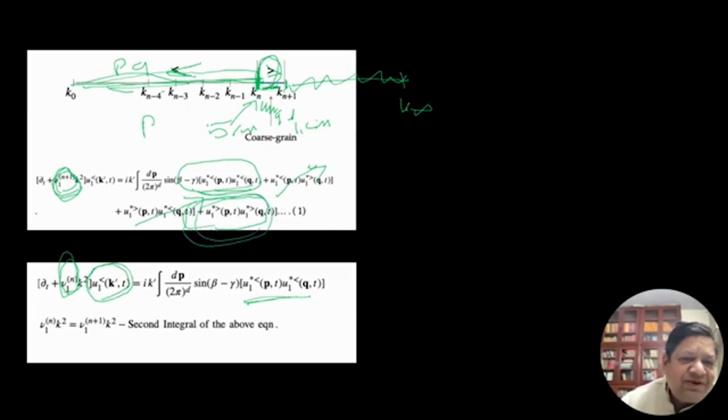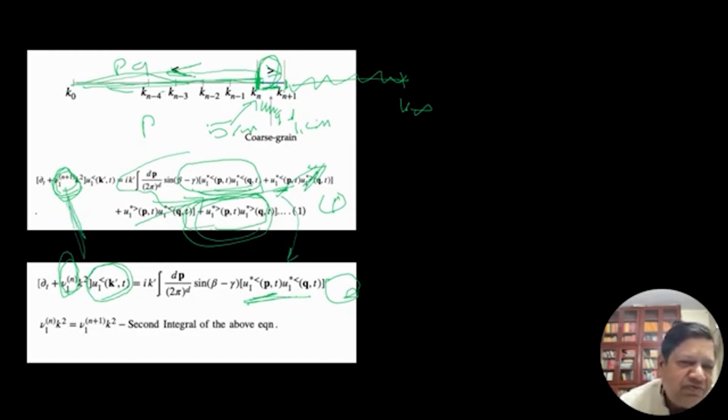So what's the difference between this equation 1 and equation 2? Just look at the equation. So on the right hand side, this part is copied here, this part is already gone, so this part is here, d by dt is also there.